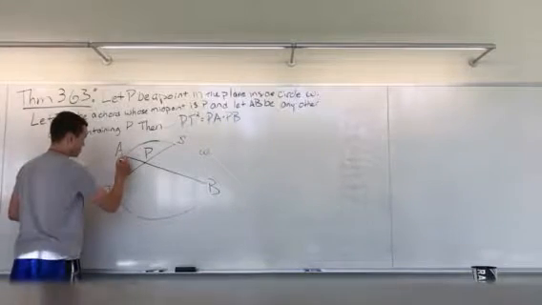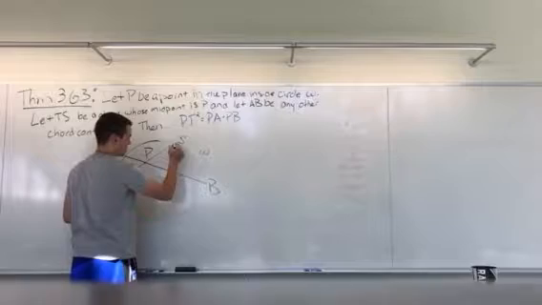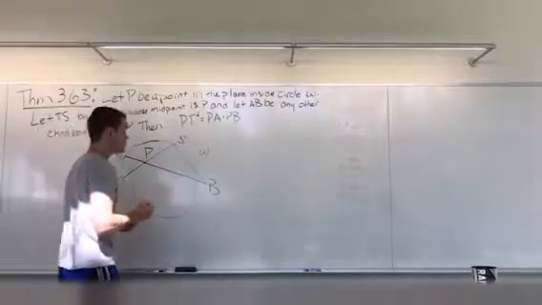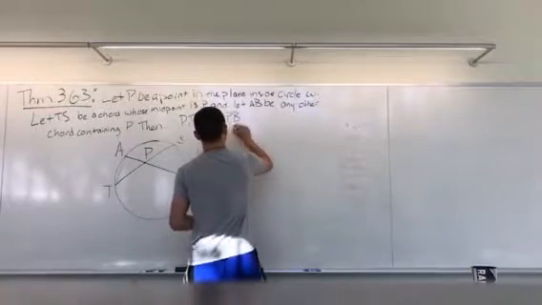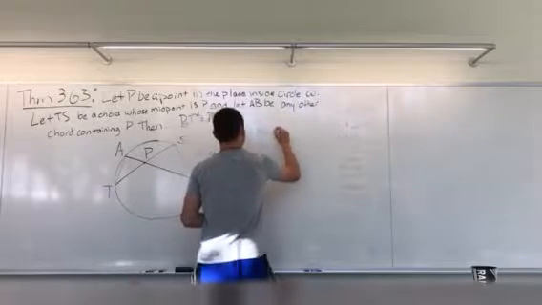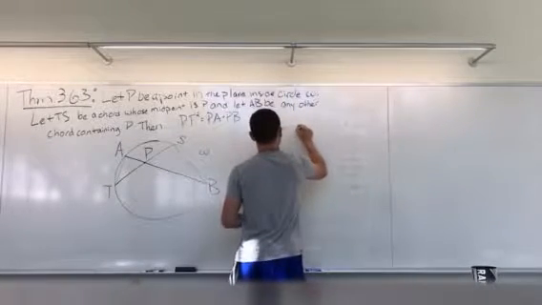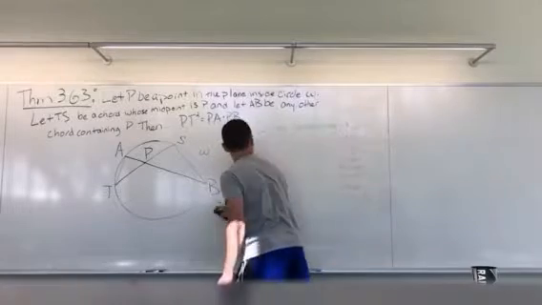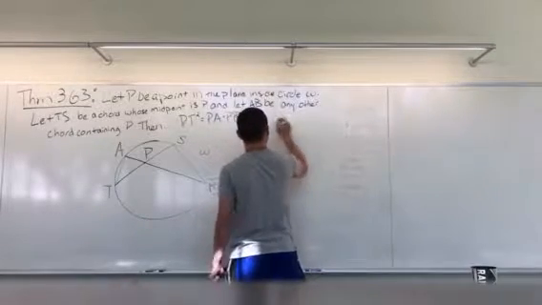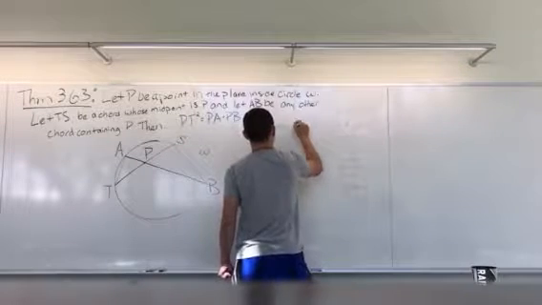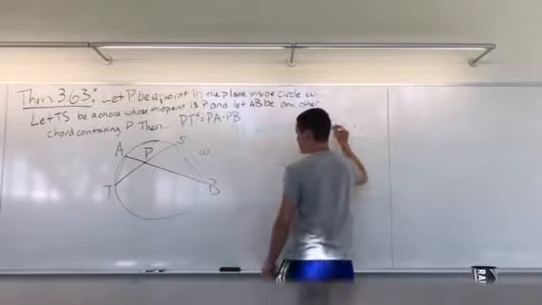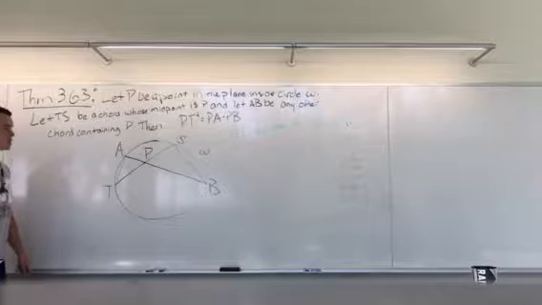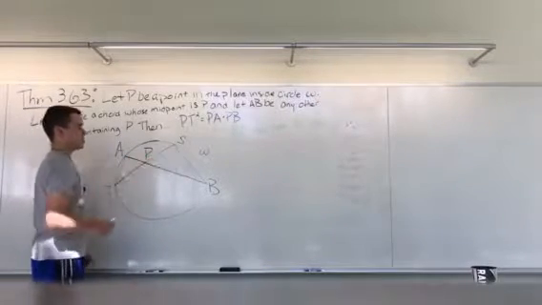So draw lines AT and SB. You'll notice this now gives us two triangles, PAT and PSB.